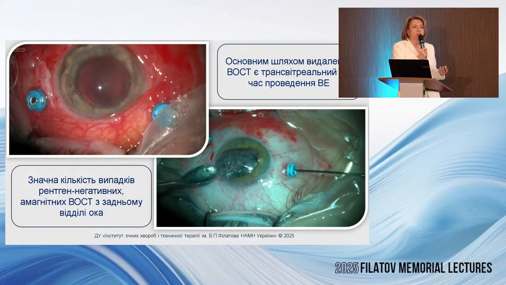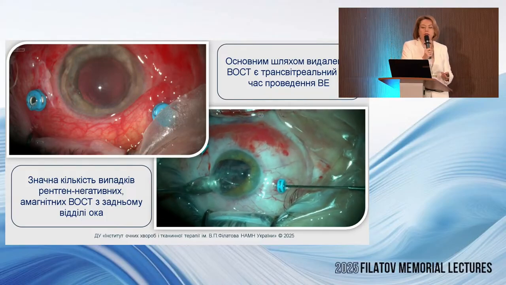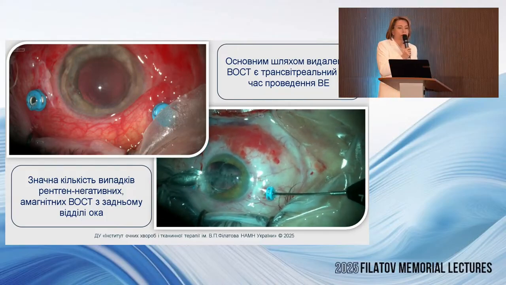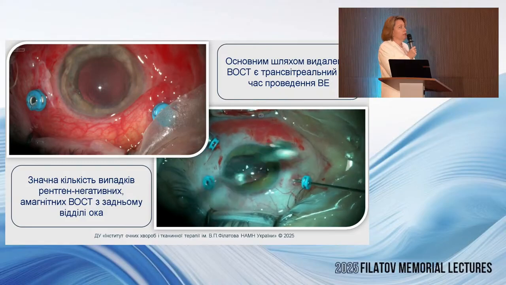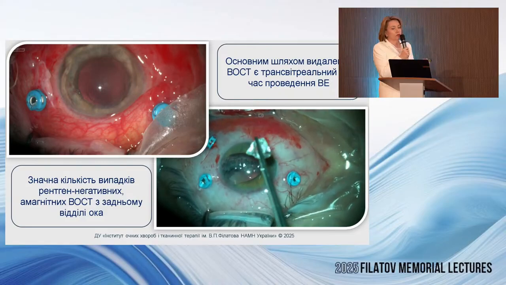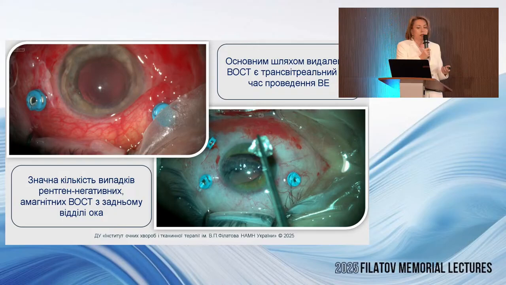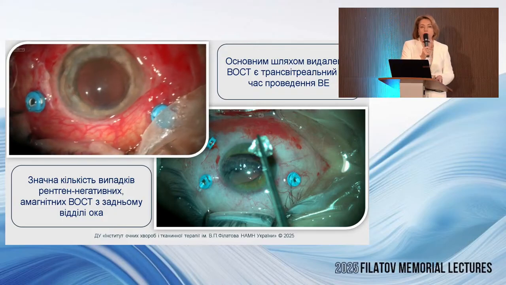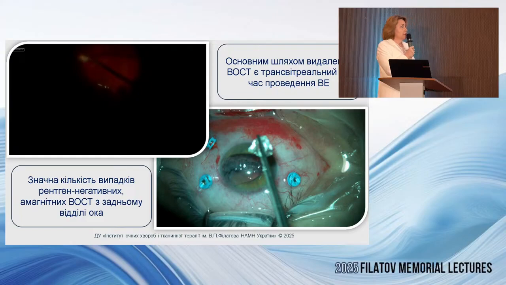They can be held while they are in safe position. They can be held with a magnet. Glass foreign bodies are more dangerous, they're slippery, and they should be held tightly with a forceps or with specialized devices.